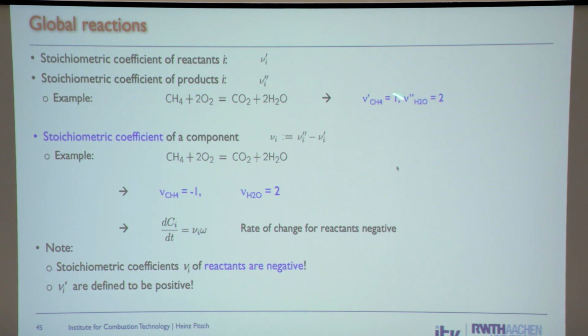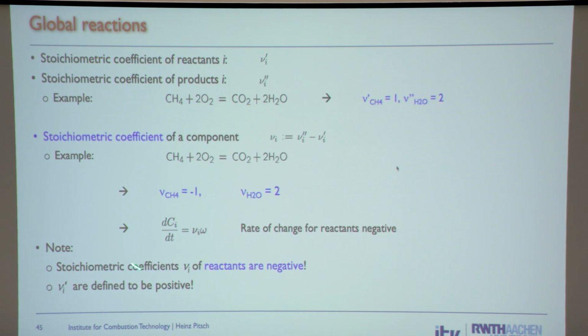We can also involve the sign. We define a new quantity nu without the prime or double prime, and that carries a sign. It's nu prime prime minus nu prime, so it's negative for the reactants and positive for the products. Same thing here: nu CH4 is -1, and for H2O it's 2.